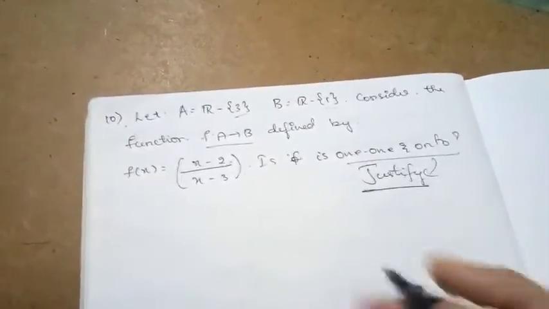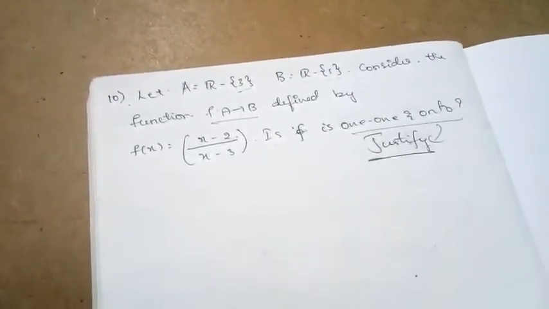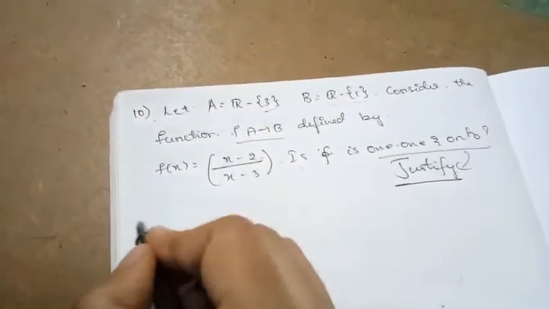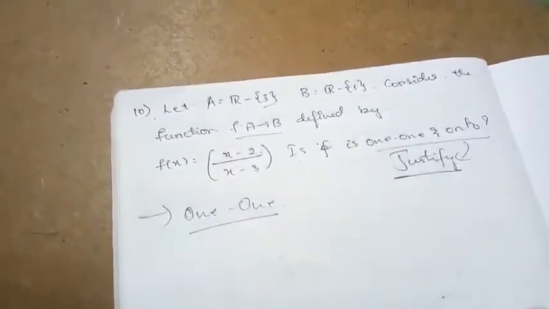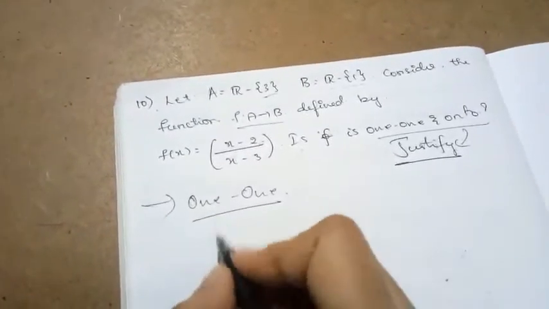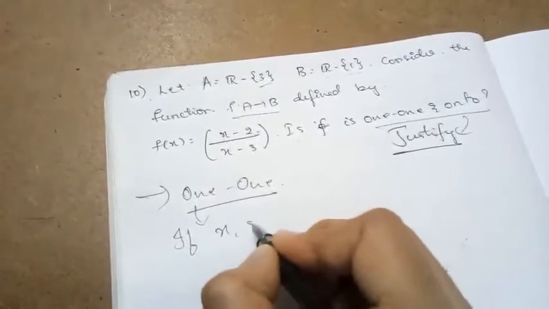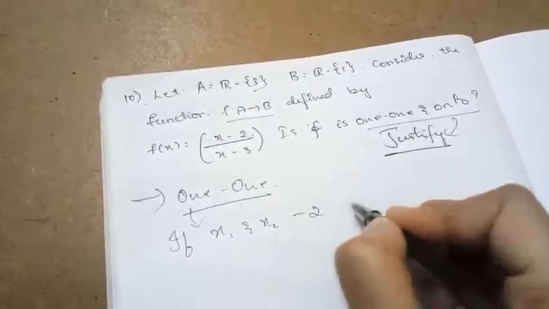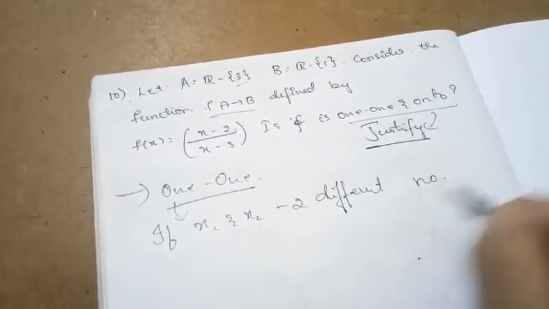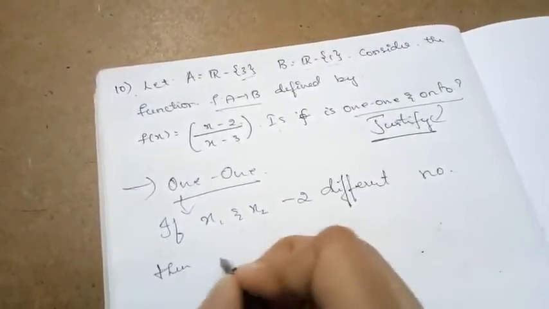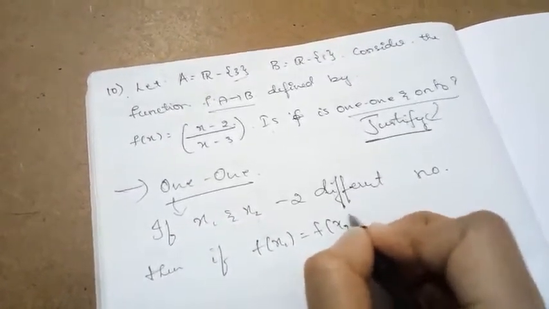So for that, in our answer we need to justify the statement whether the function is 1, 1 and onto. We need to give the justification. So first let us see for 1, 1. According to the general algorithm of 1, 1, if x1 and x2 are two different numbers, if f of x1 is equal to f of x2.